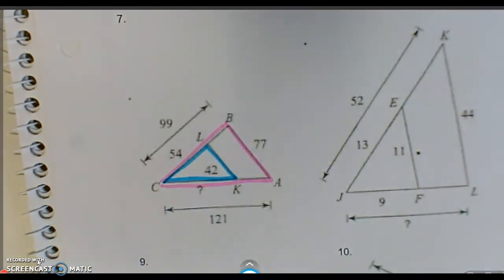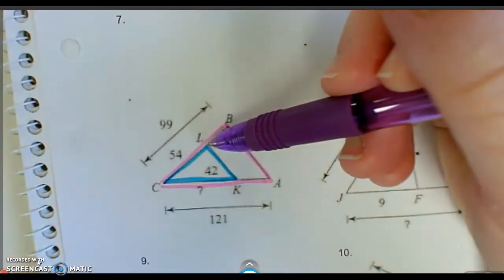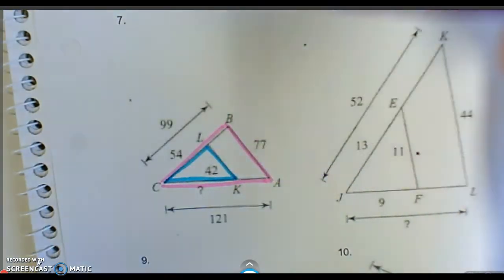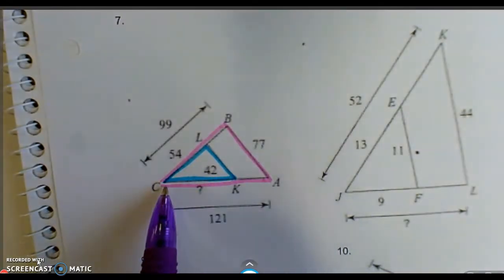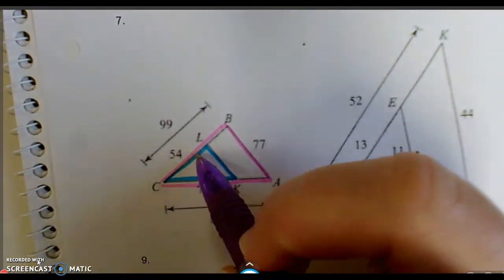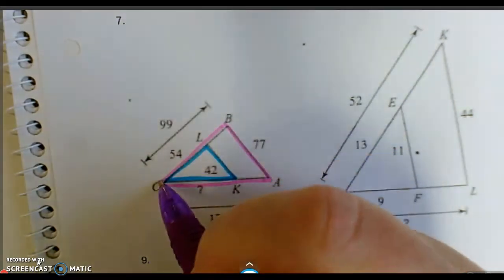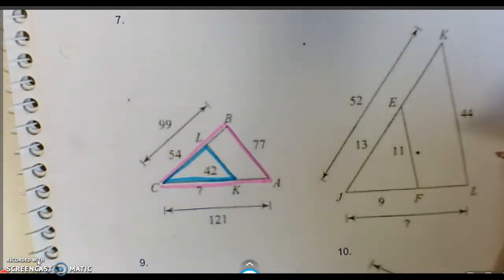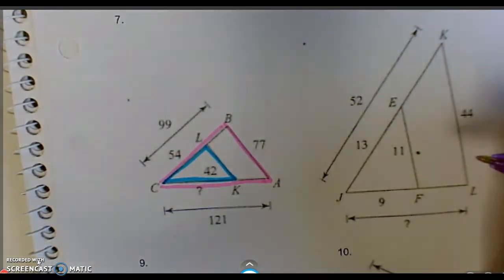Okay, and after you've highlighted that, you're able to compare the sides that need to be compared. So like this side will compare to this side. This part of the blue side will compare to this part of the pink side. This part of the blue side will compare to this part of this side. So when you're looking at these, you just have to figure out which sides go together.